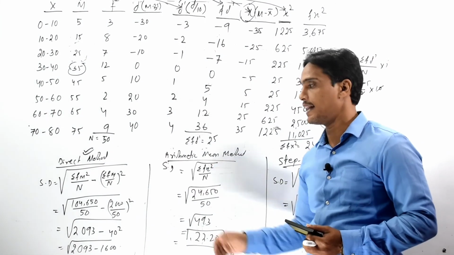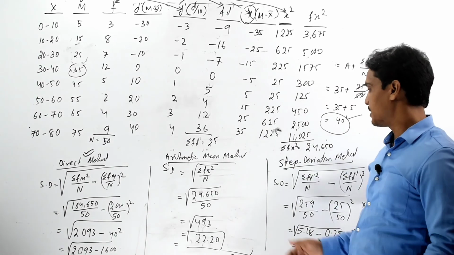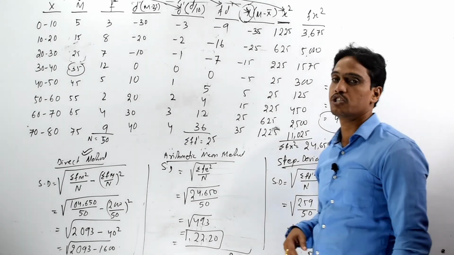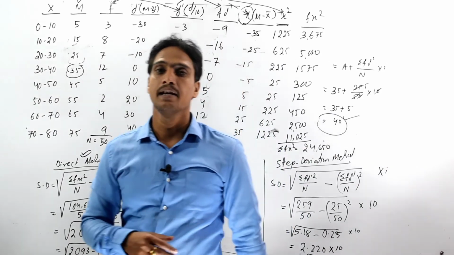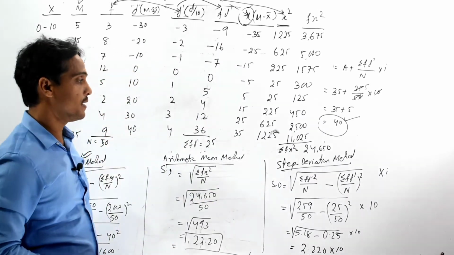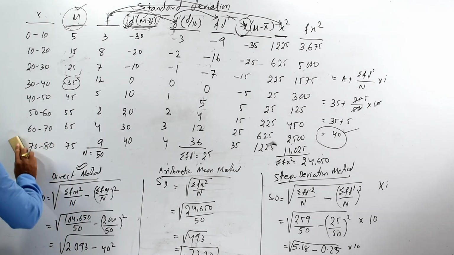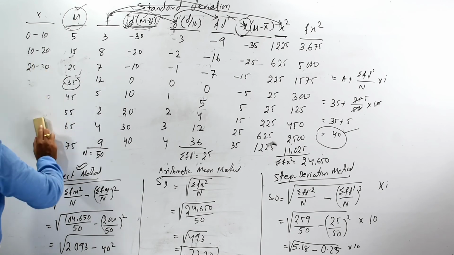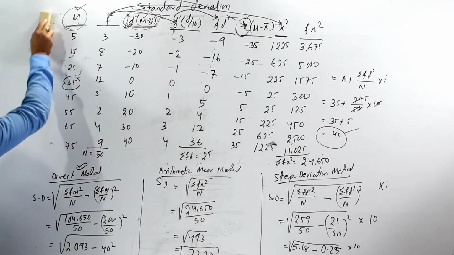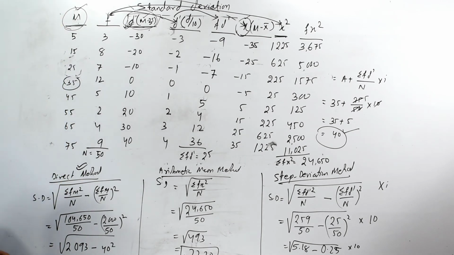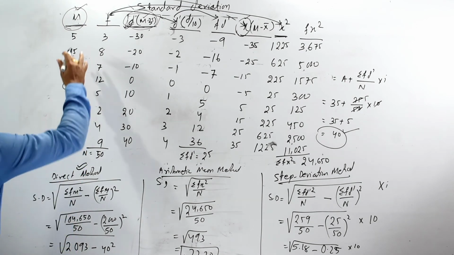So this is all about computation of standard deviation of a continuous series under different methods, that is by using the direct method, the arithmetic mean method, the shortcut method, and the step deviation method. Whereas in case of a discrete series, there is no class given in the question, only a change is made.